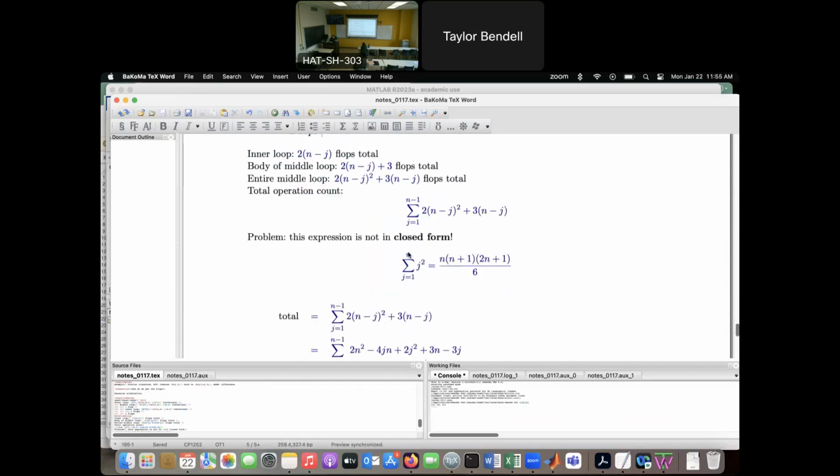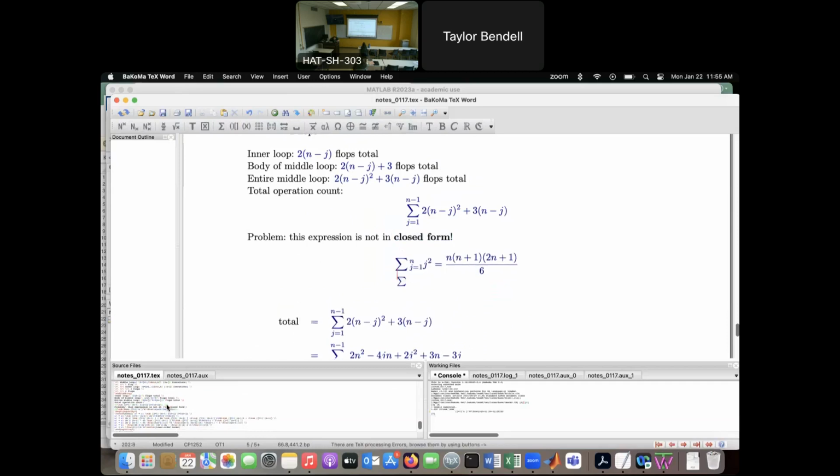So we use this summation formula as well as the simpler one that I'm sure everybody knows.